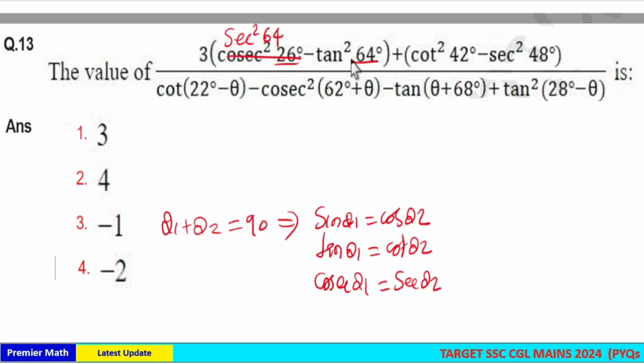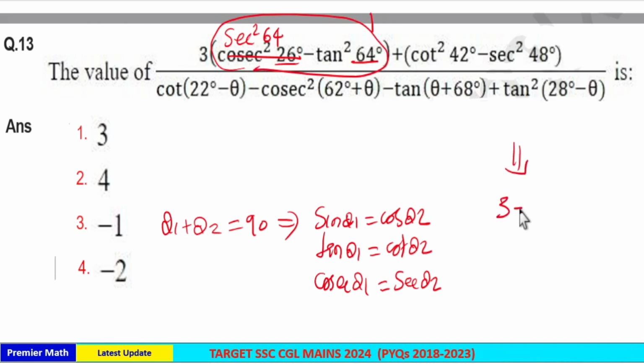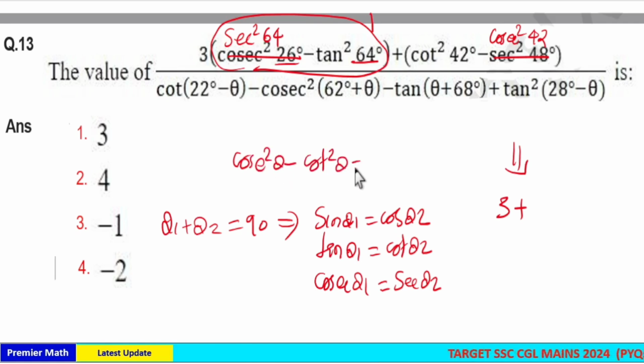Now sec square theta minus tan square theta is equal to 1. So 3 into 1 is 3. So this will become 3 plus, here sec square 48, I can write it as cosec square 42. Now you already know cosec square theta minus cot square theta is equal to 1. Here it is cot square theta minus cosec square theta. So this will become minus 1.